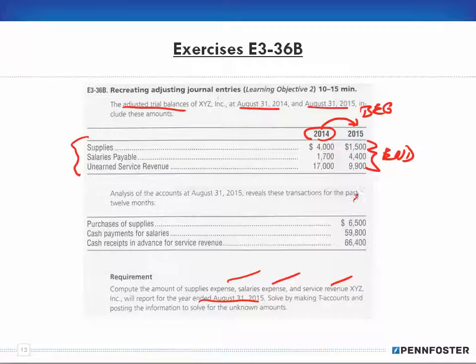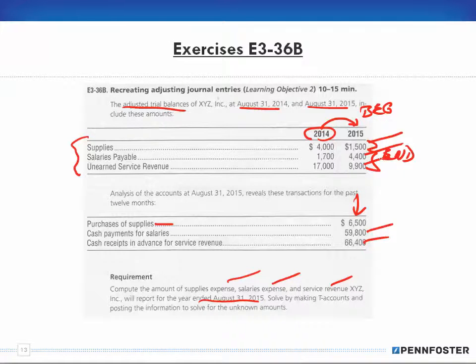We also had these transactions that affected these accounts. This purchase of supplies was part of this ending balance in 2015. The cash payment of salaries was a transaction that was recorded, which is part of the balance of this 4,400. And this cash receipts in advance for 66,400 is also part of that balance of 9,900.